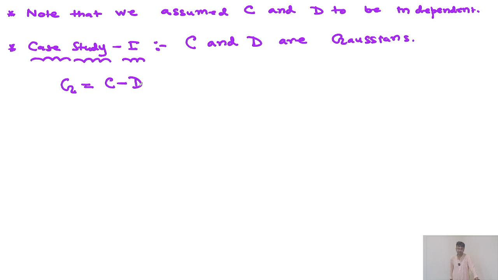Okay. So now, assuming you have read the typed notes from lectures 1, 2 and 3, can you tell me if C and D are Gaussian, what is the distribution of G? Gaussian. Why? Because if two variables are Gaussian, the sum of them is also Gaussian.